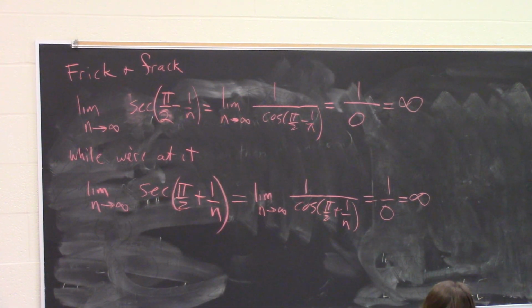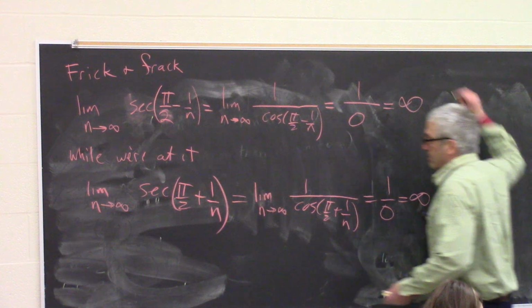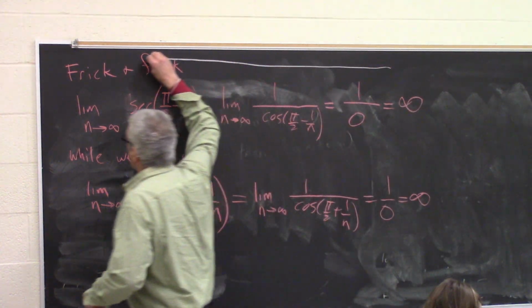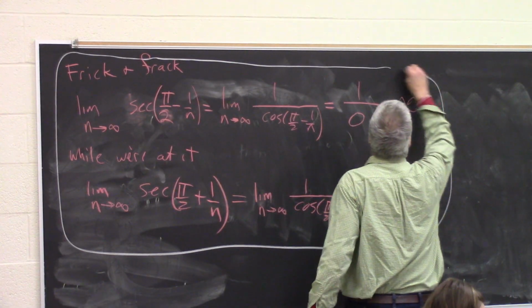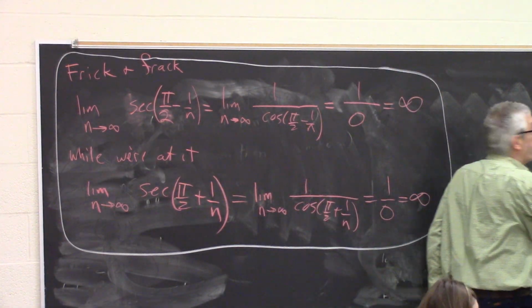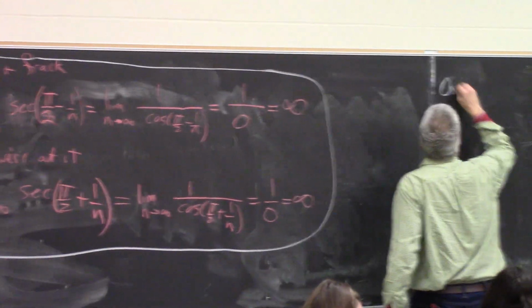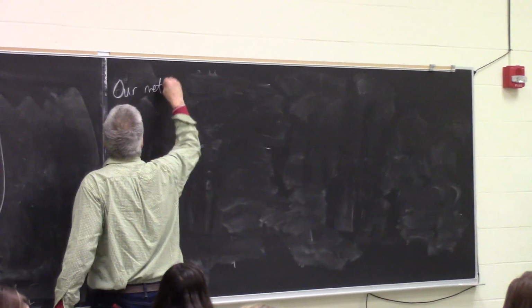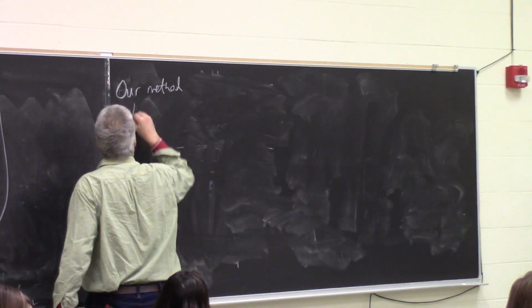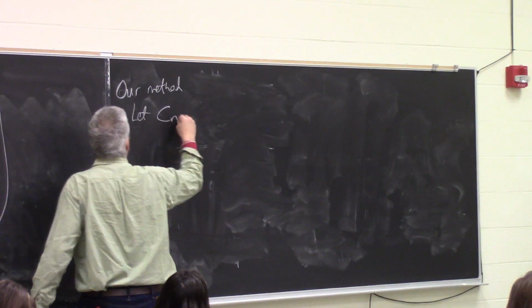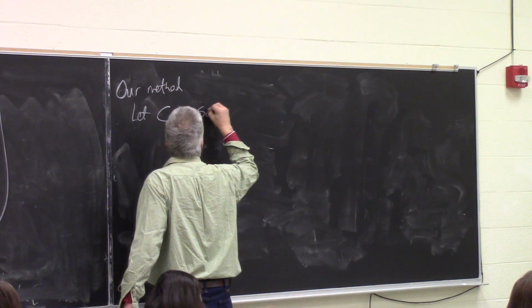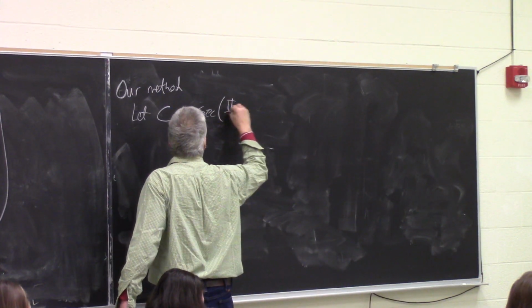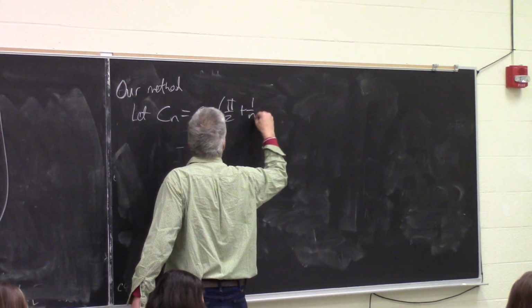All right. That's that. Our method, let's let Cn be secant of pi over 2 plus 1 over n.